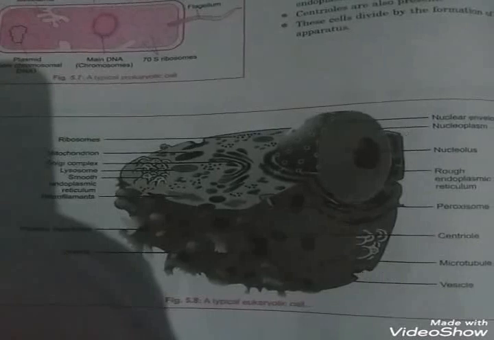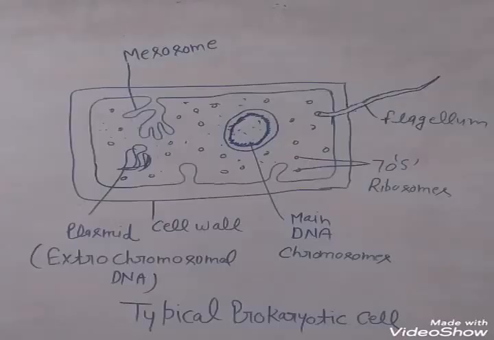And next is the typical eukaryotic cell, which is well developed, and all cell organelles are present. These are the bacterial structures.